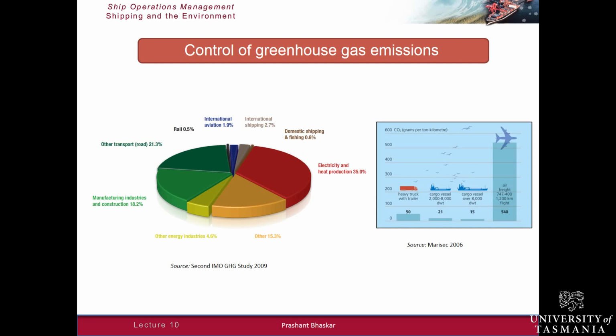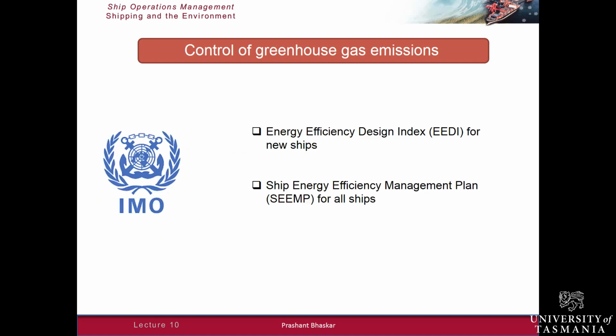So, measures to reduce the greenhouse gas emissions from international shipping are aimed at improving the energy efficiency for new ships through improved design and propulsion technologies, and for all ships, which are existing or new, primarily through improvement in operational practices.